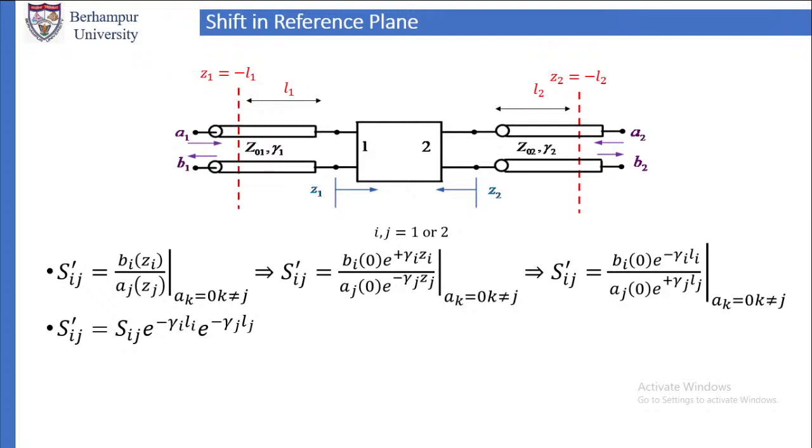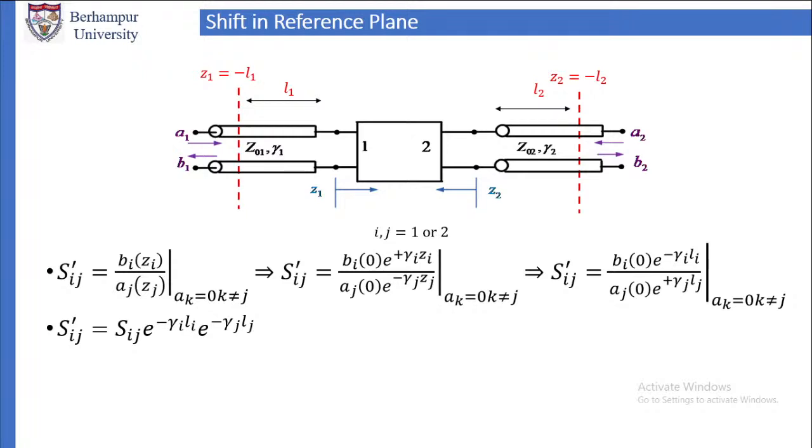Similarly, on the right hand side, Z2 is shifted by a distance of minus L2. Will the elements of the S matrix remain the same or change? Here i and j are 1 or 2; they represent the port number.